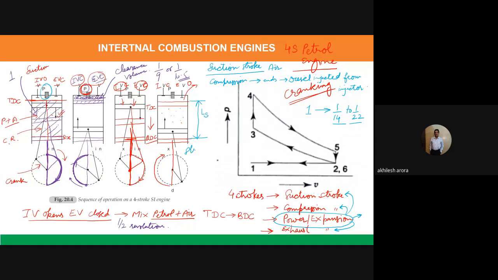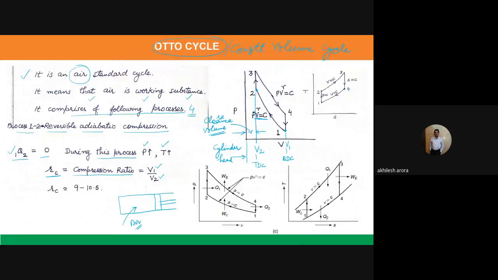The volume corresponding to this length is represented as Vs, which is the stroke volume. So between V1 and V2, this volume is Vs.